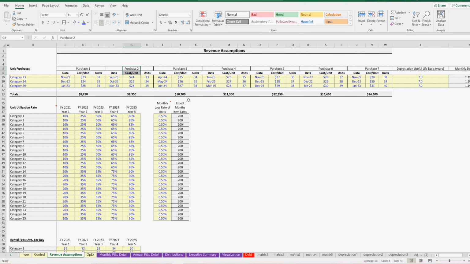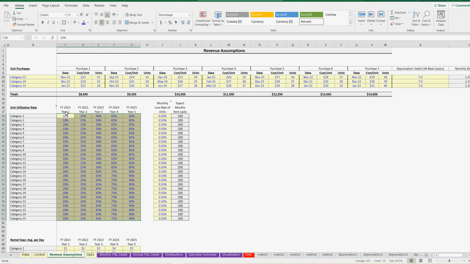Notice I said available units to be rented, so that's going to be different based on a few things. Number one, we have a utilization rate here that can be applied to each year independently. So this is saying of what you've purchased, what percentage of it can actually be rented out.